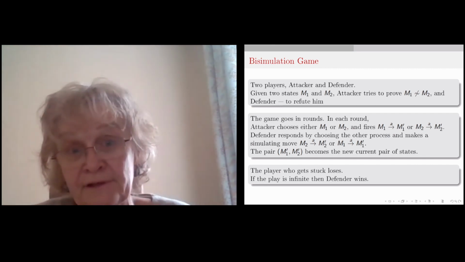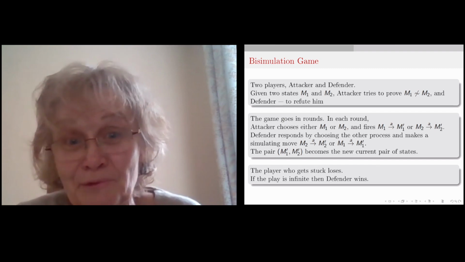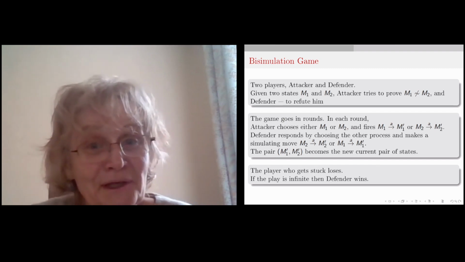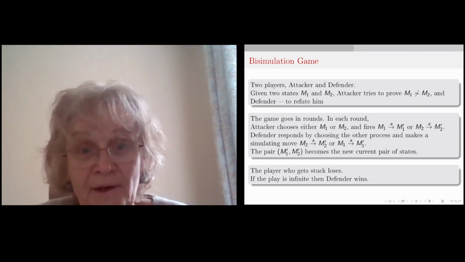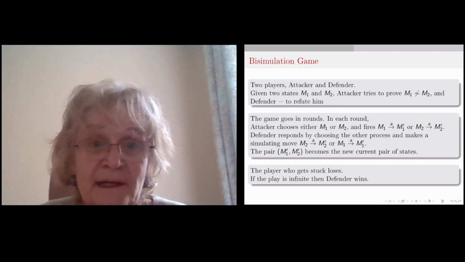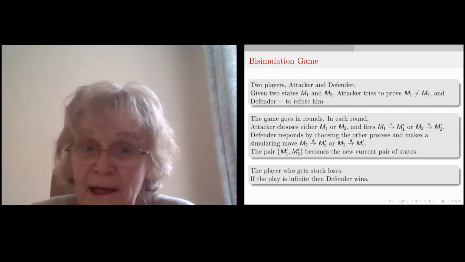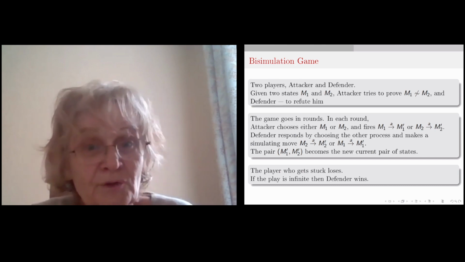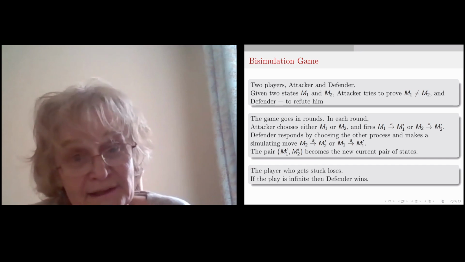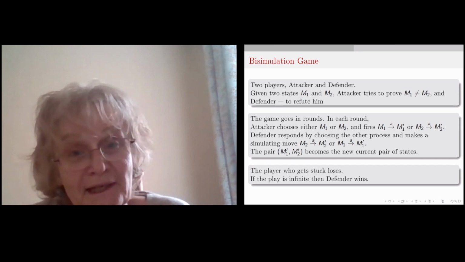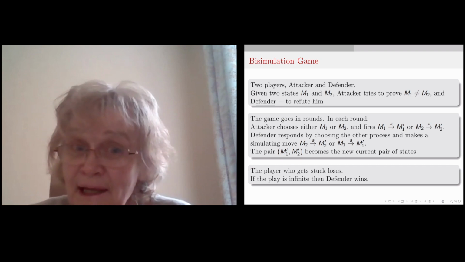And the defender, of course, wants not to allow him doing it. The players start with this pair of processes, and the attacker may choose any element of this pair and do a step. Then the defender answers with a step from the other state with the same name.